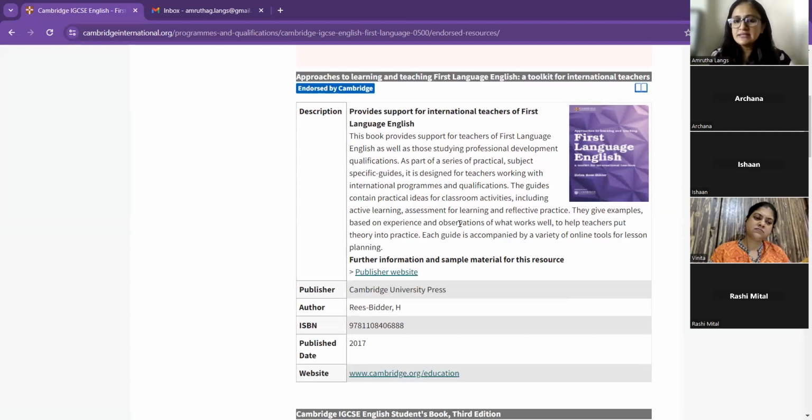I have seen that in endorsed resources you will get all the possible material, and it is sufficient if you study that, because you will not get something like guides and digests wherein ready-made questions and answers are available. No, in Cambridge, you will not find something like that. So these textbooks, these course books are extremely important.